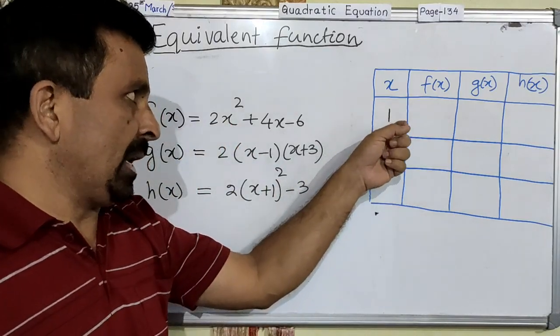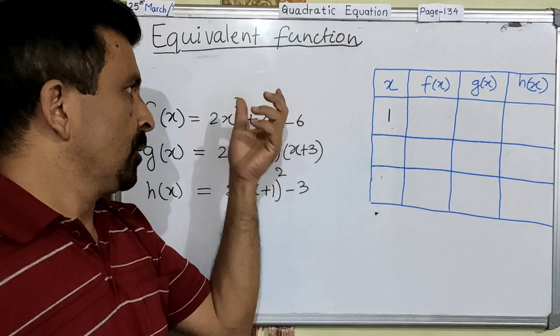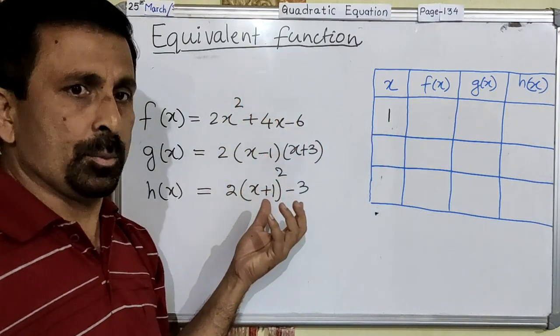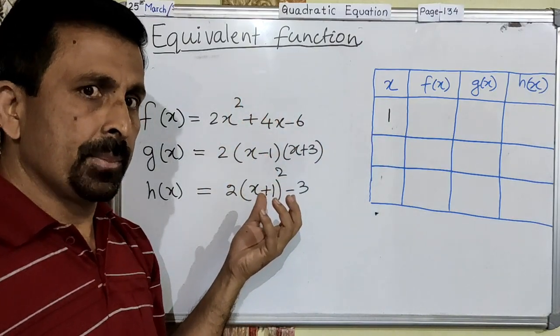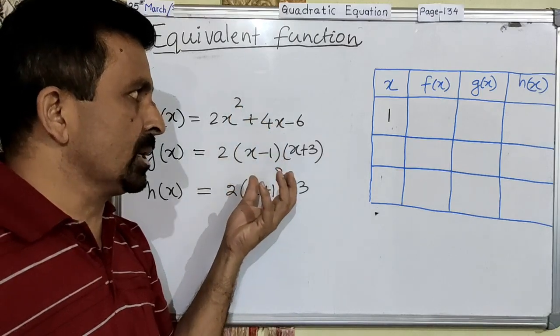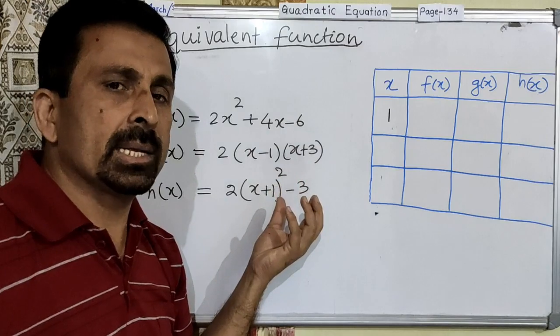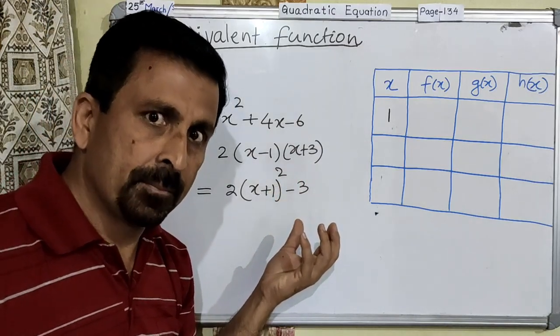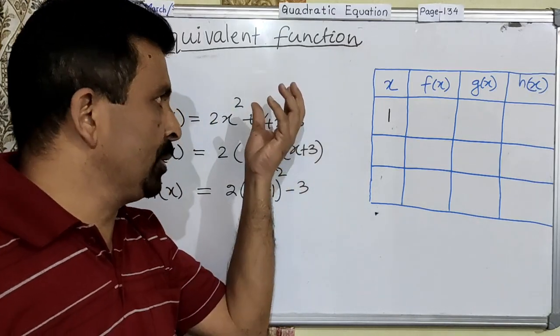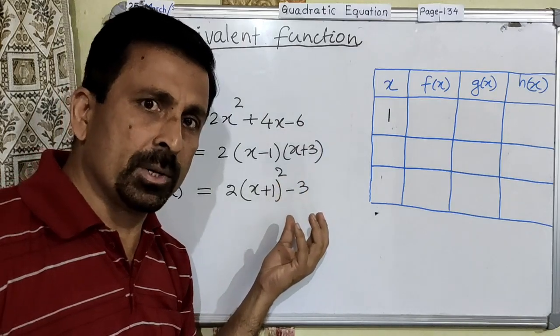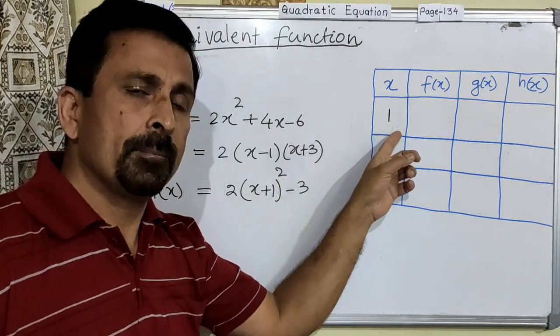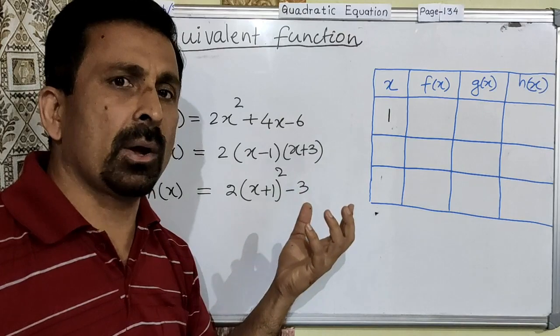So for this value of x, which functions are giving you the same output? The functions which give you the same output for this value of x will be called equivalent functions. Clear? If they give you different values of output for this value of x, then the functions are not equivalent.